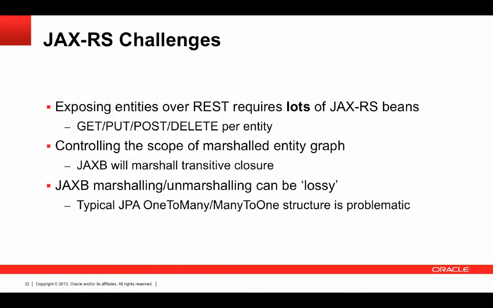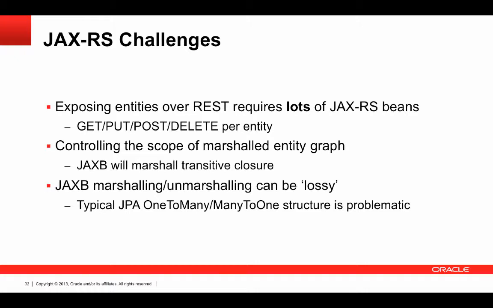Then, within the scope of the marshaled entity graph, I need to limit what comes back in each resource. I don't want to do a request for one object and retrieve the entire database, so I need to cut the object model off at the proper graph or resource level of my REST API.